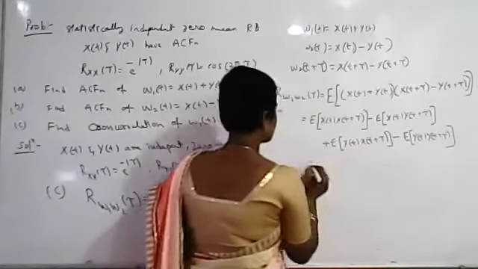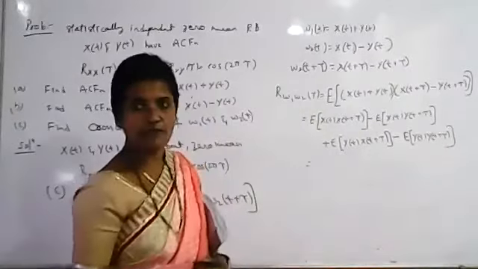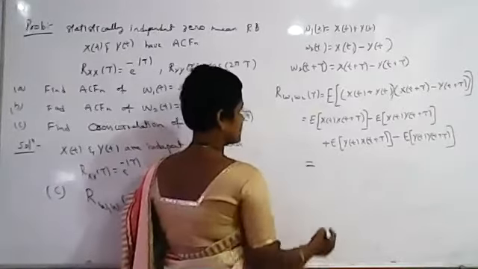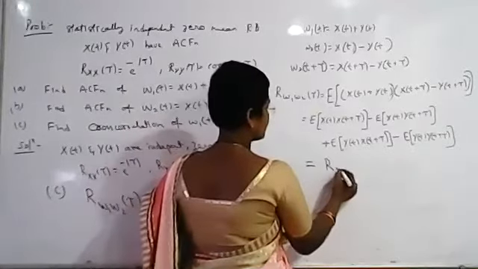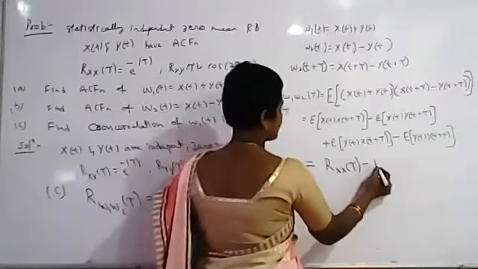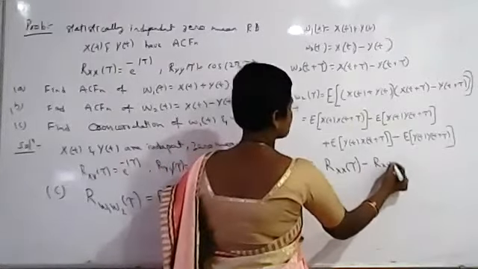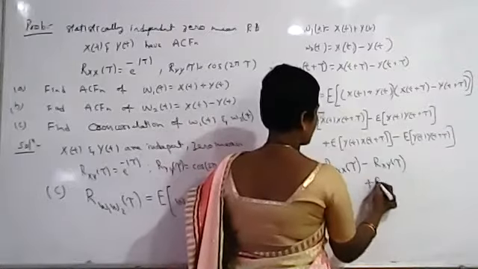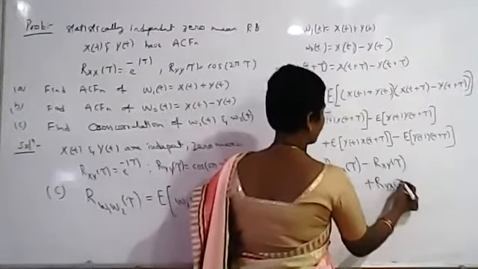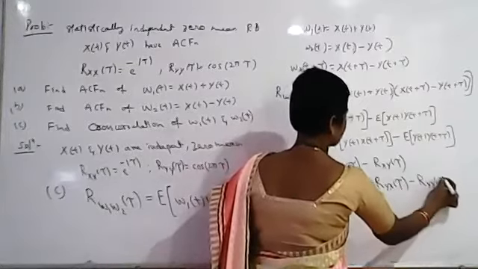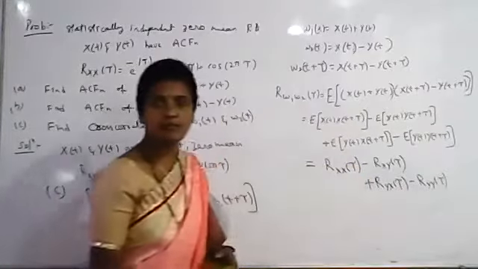Now what is your first term, students? The first term is Rxx of tau. What is the second term? Rxy of tau. Okay. The third term is Ryx of tau. And the fourth term is Ryy of tau. Okay. And what is given in the problem?